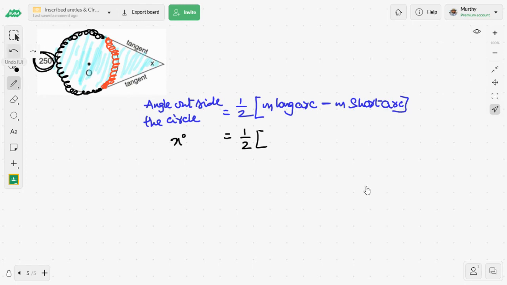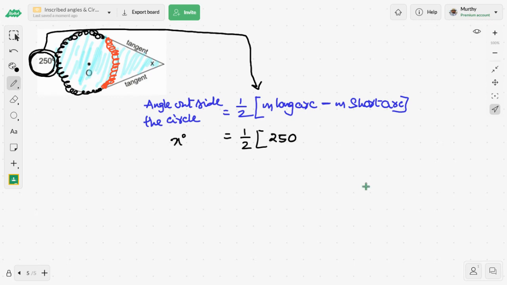My bad, so this is 250 degrees. Okay, no problem. Then subtract. Guys, what is the measure of the short arc? Oh, here already x is given.